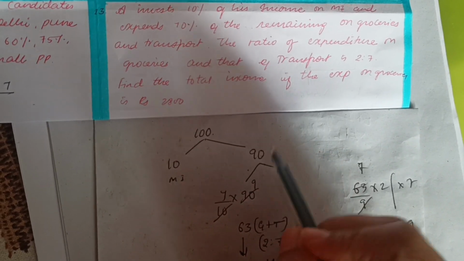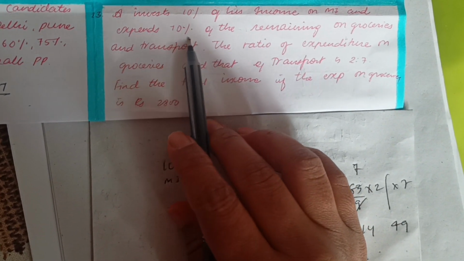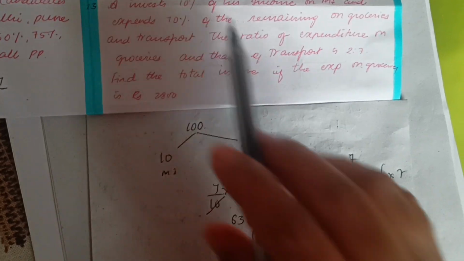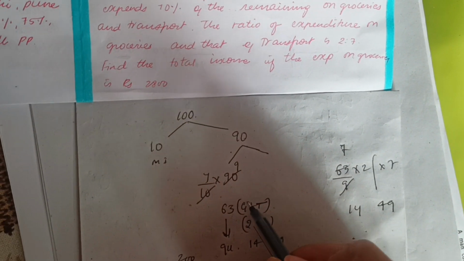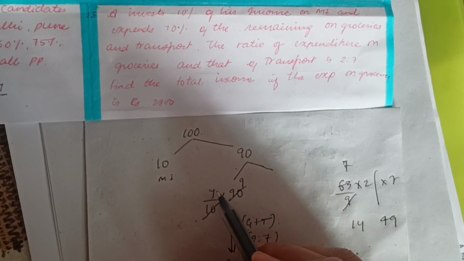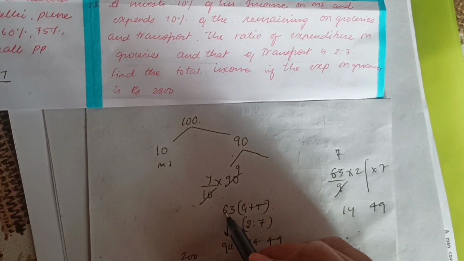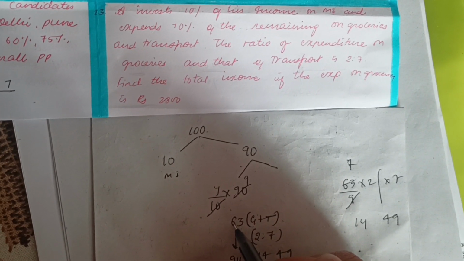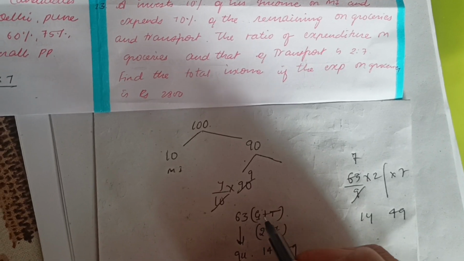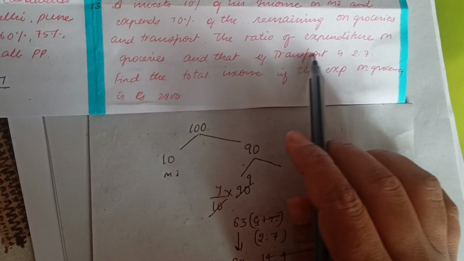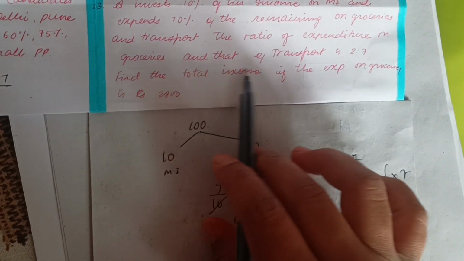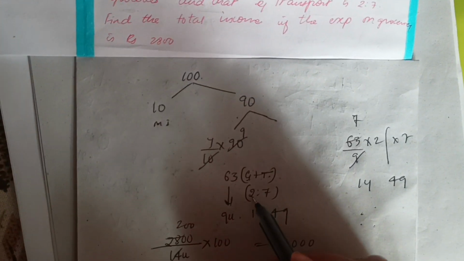Out of the remaining, he spent 70% on groceries and transport. 7 by 10 of 90 will be 63. This is the percentage spent on groceries and transport. They have also given the ratio between groceries and transport, that is 2:7.